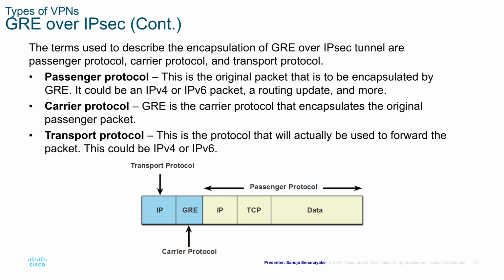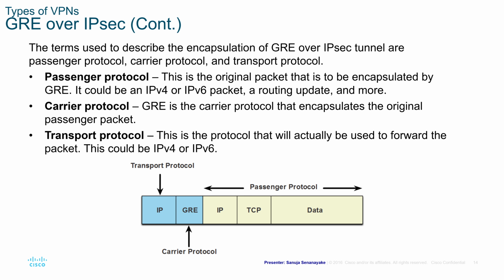You should know what they are and how they differ from each other. If your instructor or the Cisco exam asks you what the difference is between a passenger protocol and a transport protocol, you should be able to answer that. And you should know that the GRE over IPsec tunnel has a passenger protocol, carrier protocol, and transport protocol.